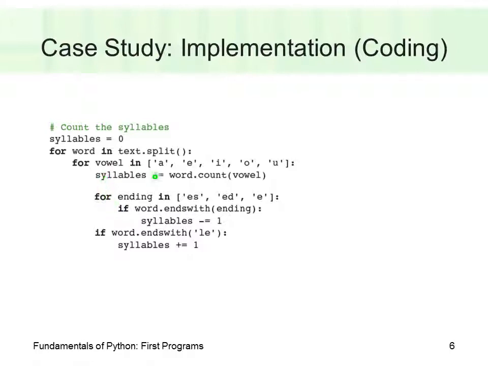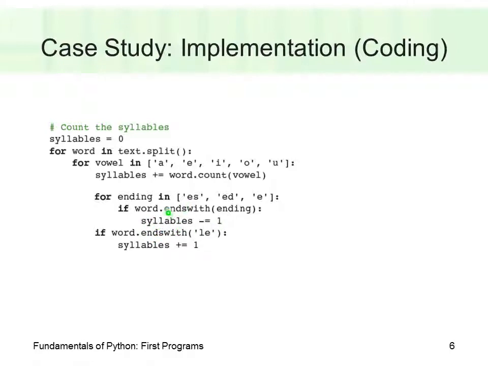Now, in addition to counting the vowels, we look to see, do we have some endings where we don't want to add to the vowel count. So here we're going to ask if we find an ES, an ED, or an E, and if the word actually ends with that set of characters, we're going to subtract one from the syllables.